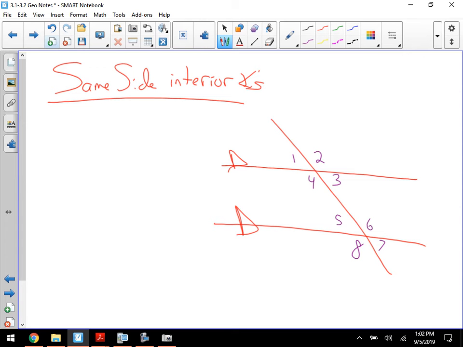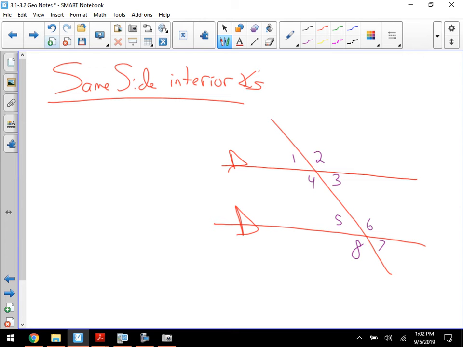Same side interior. What do you think same side stands for? The same with the fives? So what are you thinking? 4 and 5. Yeah, excellent. 4 and 5, and then 3 and 6.